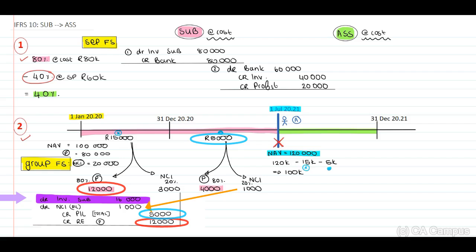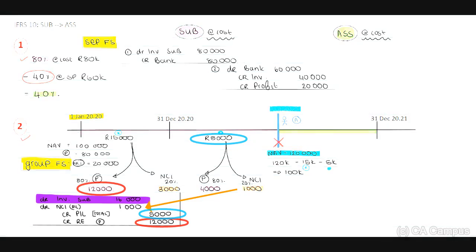We will have to debit our NCI with a profit portion only, the 1,000, not the 3,000, 1,000. We will have to credit our total profit or loss with 5,000 and credit our retained earnings, only the parent's portion, to include this into our consolidated financial statements.